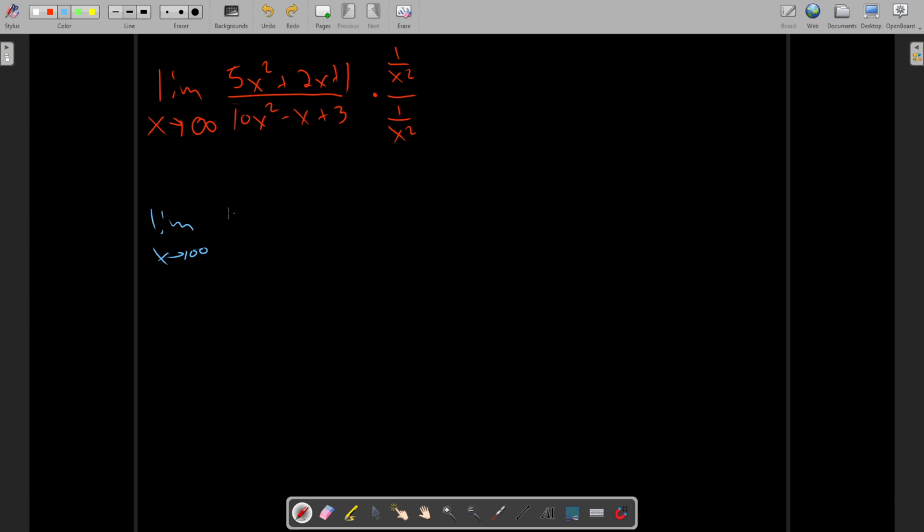And then 2x over x squared would be 2 over x. And then 1 over x squared would be 1 over x squared. Over, same thing here, 10x squared over x squared would just be 10. And then negative x over x squared would be minus 1 over x. And then 3 over x squared would be plus 3 over x squared.